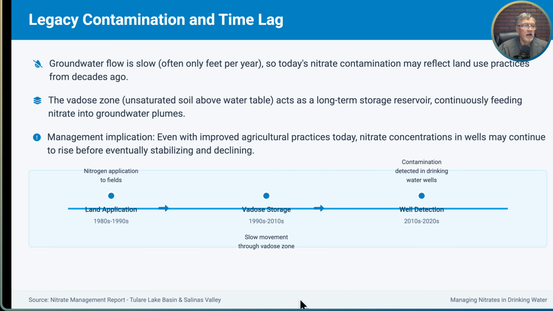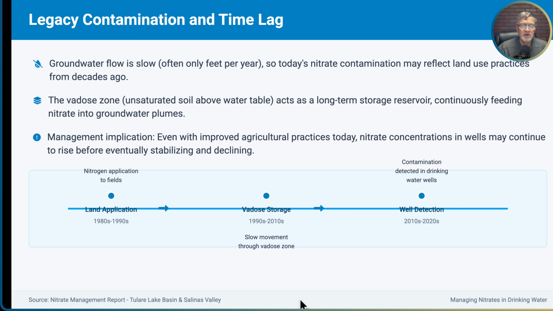All right, so legacy contamination and time lag. Groundwater flow is slow, often only a few feet per year, so today's nitrate contamination may reflect land use practices from decades ago. And this is really true because we see in these studies in different parts of these basins that we're seeing nitrate showing up where it's removed from where it was probably applied.